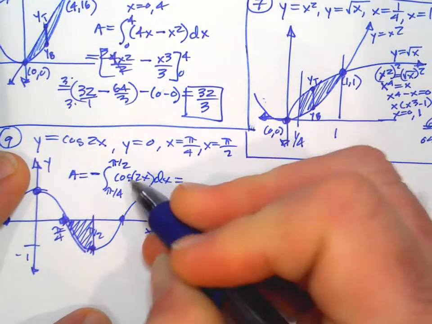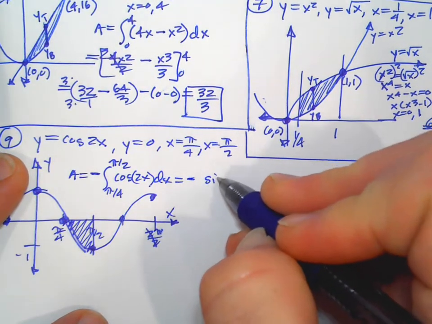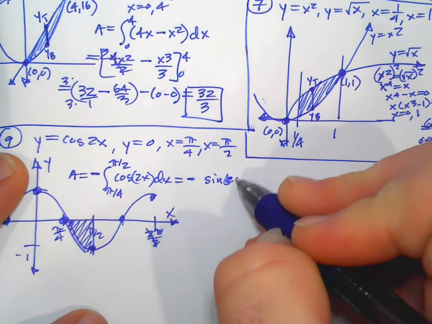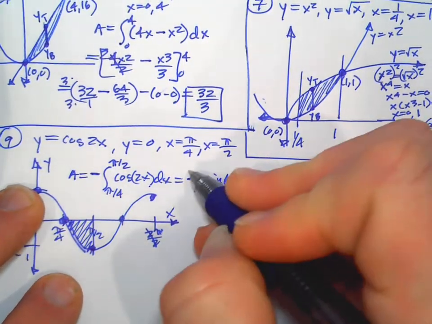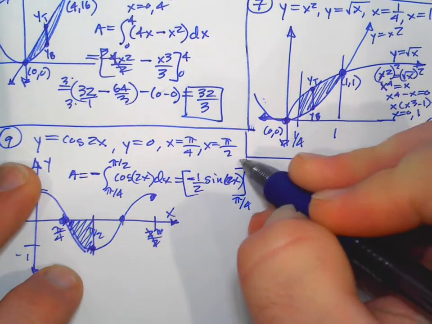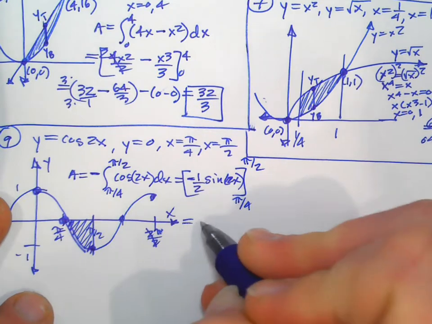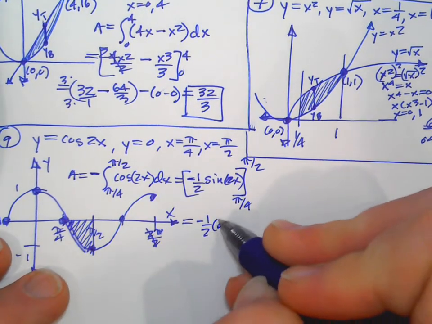Now, this is a chain rule issue here. It's going to be sine of 2x, but it's going to put an extra 2 out in front. You could easily use substitution, or you could just put a 1/2 to fix it. Sine of pi is 0.